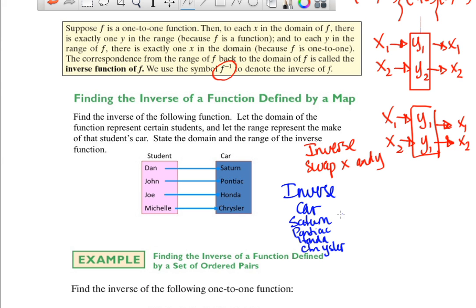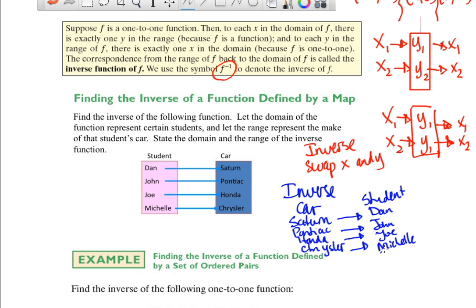And then the output, or the y values, would be the student. So if you see a Saturn, then Dan would be the student. If you see a Pontiac, then John would be the student that's associated with it. The Honda would mean that Joe is visiting somewhere, and if you see a Chrysler parked somewhere, that means that Michelle is the driver.